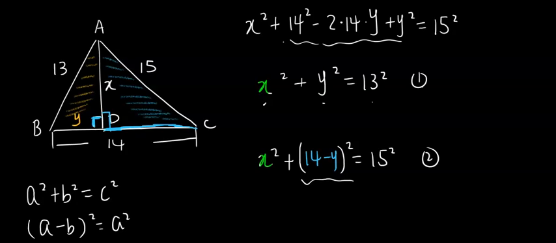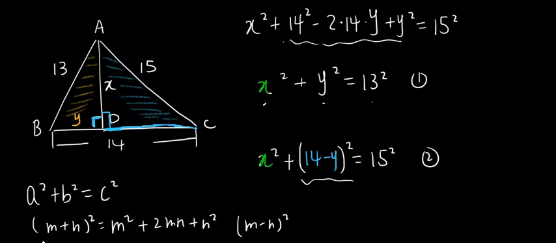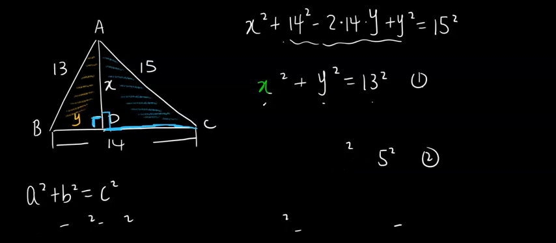To avoid confusion, let me use other variables. If I have m plus n squared, I will have m squared plus 2 times m times n plus n squared. If I have m minus n squared, I will have m squared minus 2 times m times n plus n squared. So I just use this second rule to expand it.